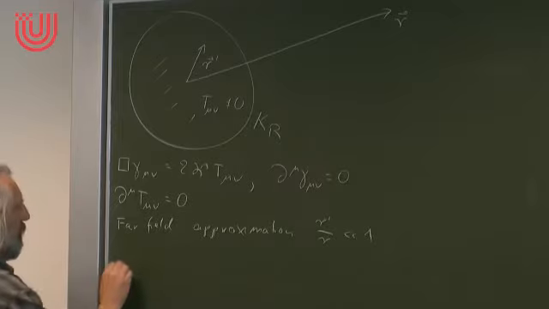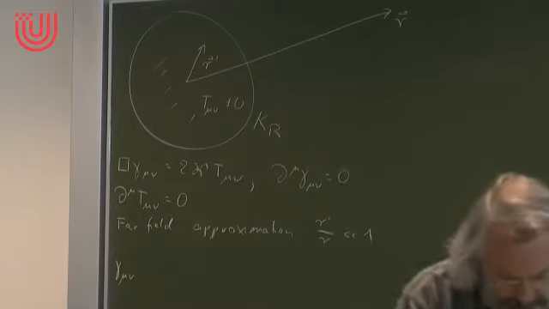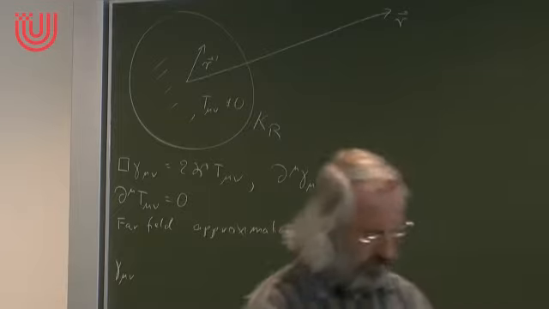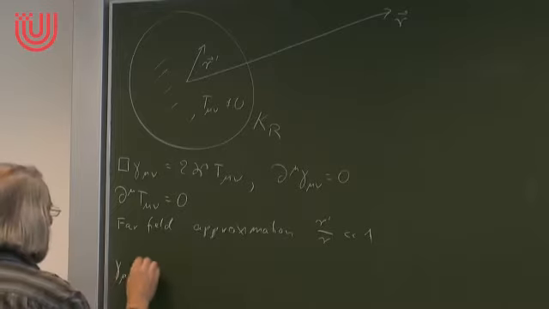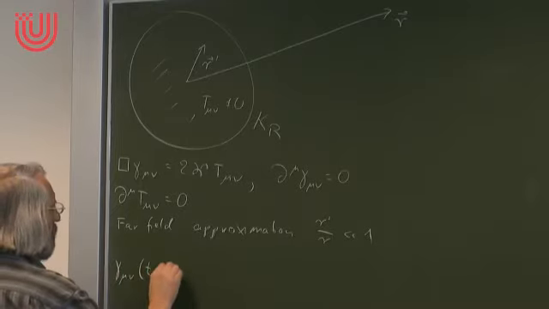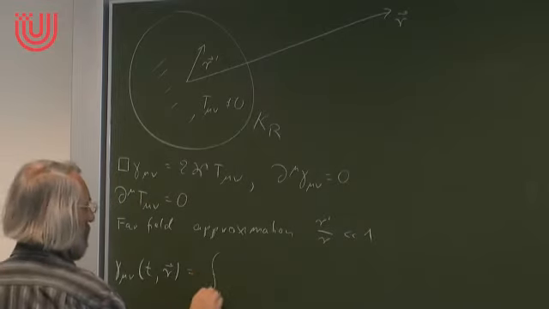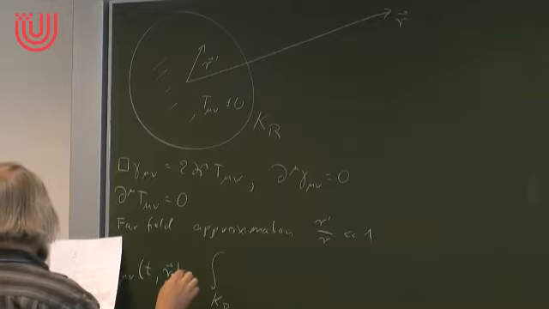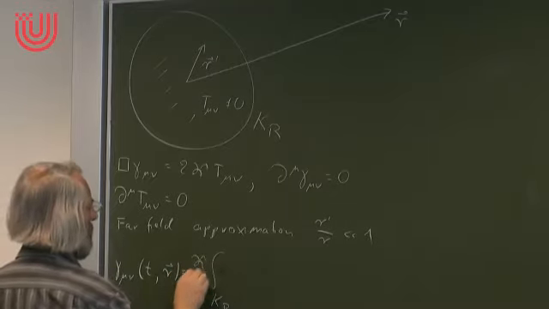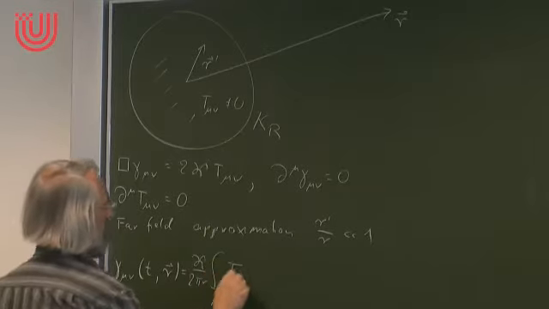And what we got was then the following expression for the gamma mu nu in the far field. What's the factor? Kappa over 2 pi. So this is gamma mu nu at time t and position r, there where the observer is. And that's an integral over kr, of course, with a prefactor kappa over 2 pi r. And under the integral, we have the energy momentum tensor.